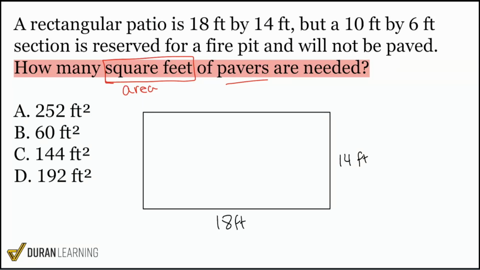And then it says, but a 10 by 6 foot section is reserved for a fire pit and will not be paved. Okay, so if the fire pit is not supposed to be paved, let's draw the fire pit right over here, in the middle.